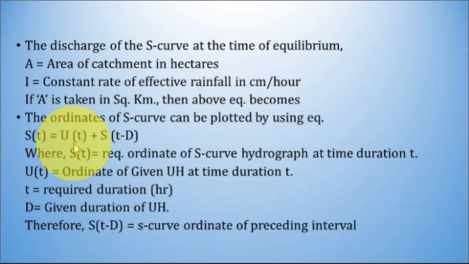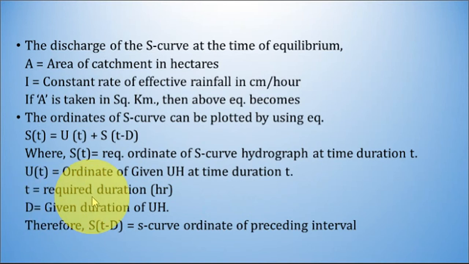S suffix t is equal to U of t plus S of (t minus D), where S suffix t is the required ordinate of S curve hydrograph at time duration t. U of t is the ordinate of the given unit hydrograph at time duration small t.